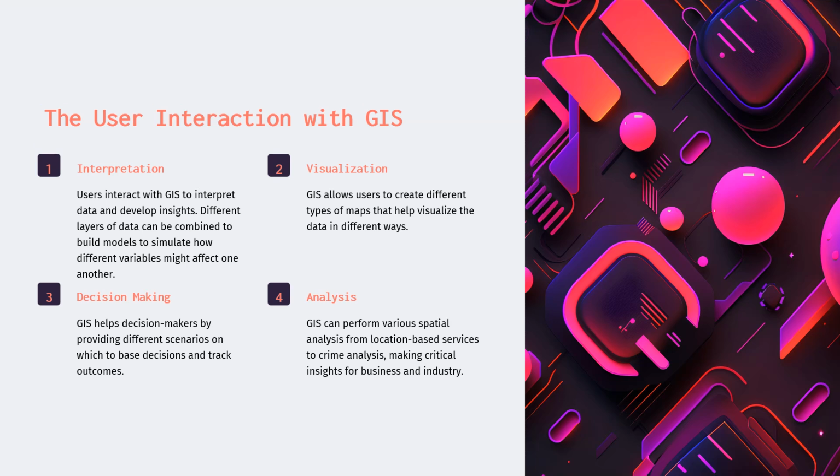And the most use, apart from the academics, is business decision making. GIS will help you to take the right decision. What kind of decision? First of all, you need to understand what kind of plan you want to make for your customer, for your business.